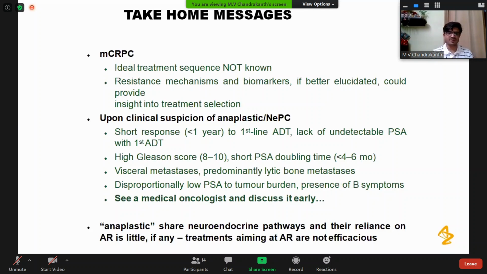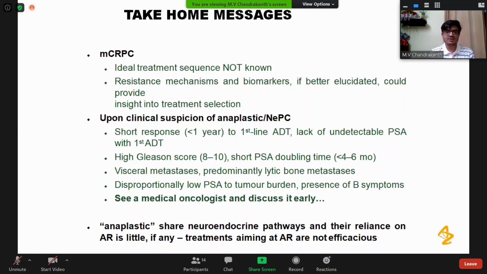So what we can have as take-home messages today is, number one, whenever we see a CRPC, we always have to see what was the duration of androgen deprivation therapy. If the duration of androgen deprivation therapy was less than 1 year, then the only way to go is chemotherapy, that is taxanes.